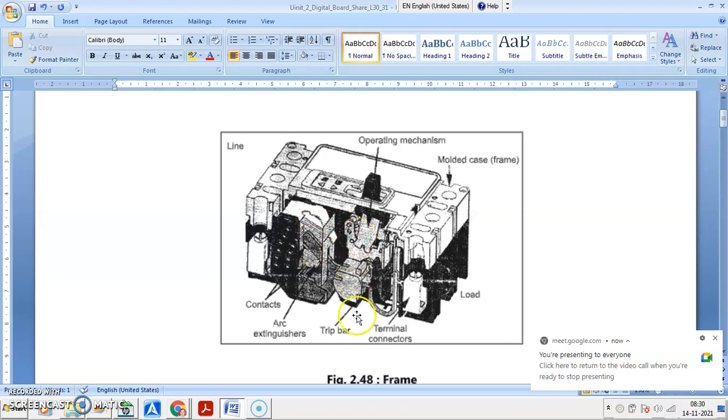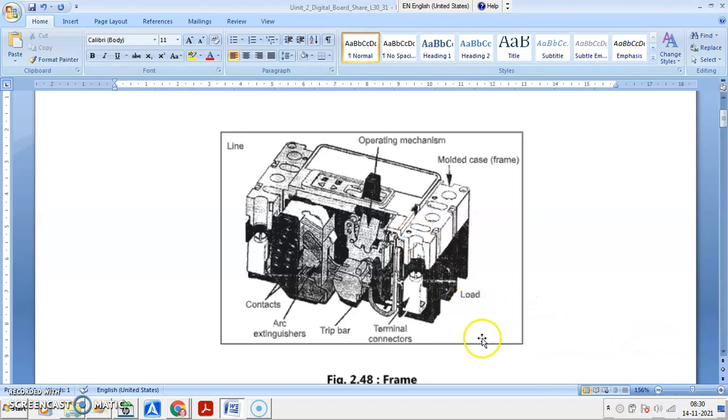Then you are having the trip bar, arc extinction chamber, terminals to contact, and finally going to the load. So major parts are operating mechanism, molded case frame, arc extinguisher, contacts, and trip units. These are the main components of MCCB.